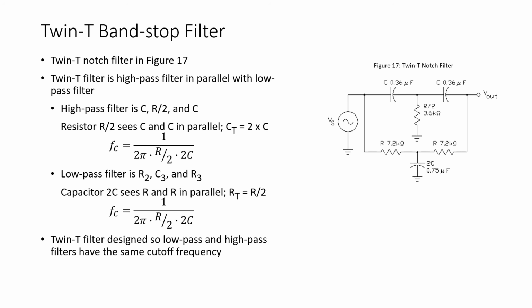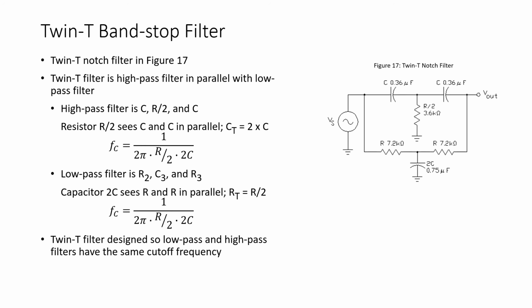Now we look at this high pass filter, and the resistor R divided by 2 sees the two capacitors in parallel. And remember, parallel capacitors are additive. So the resistor R divided by 2 sees 2 times C, which gives us a cutoff frequency for the high pass filter of 1 over 2 pi times R divided by 2 times 2C, which of course equals 1 over 2 pi RC.